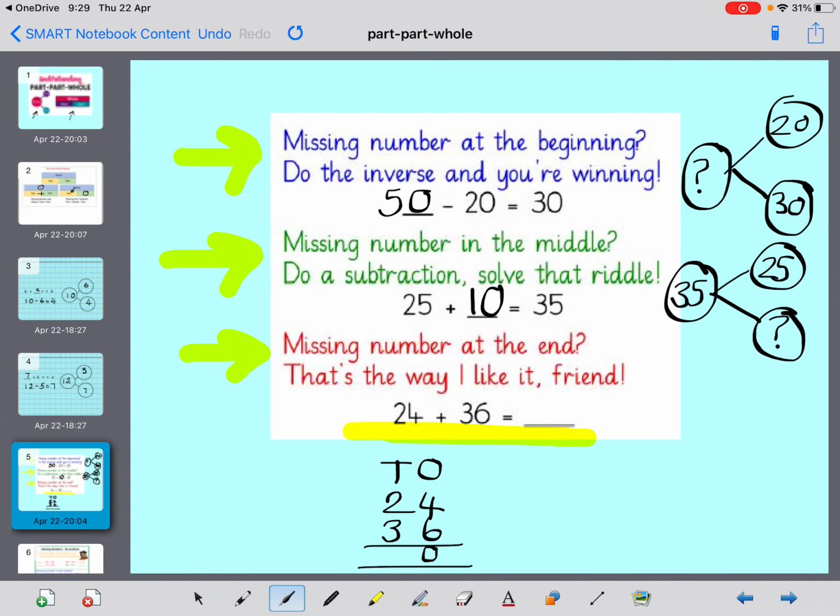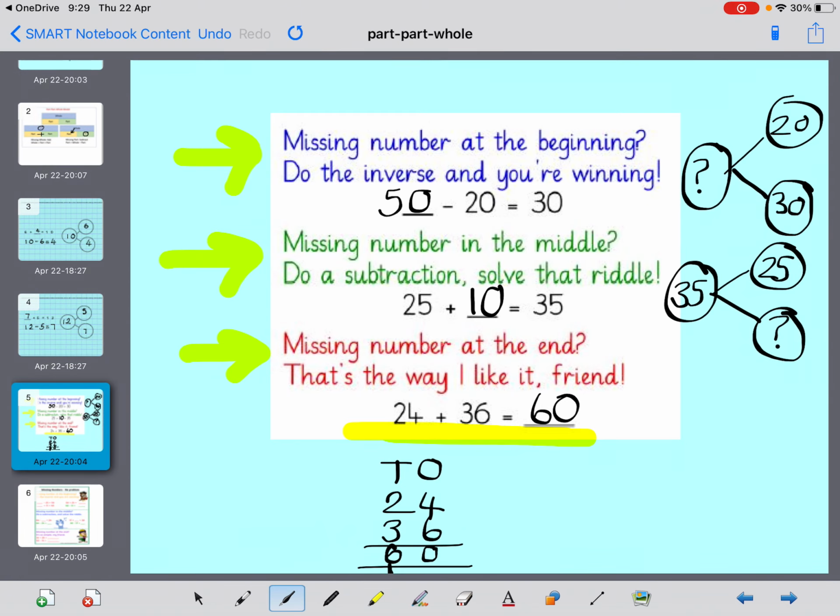So I'm going to put the 0 there in the ones column and the 1 from the number 10 underneath my tens column. And then I can do 2 and 3 makes 5. Add 1 more makes 6. So there's my answer. So there we have some support with helping us to answer and solve missing numbers.